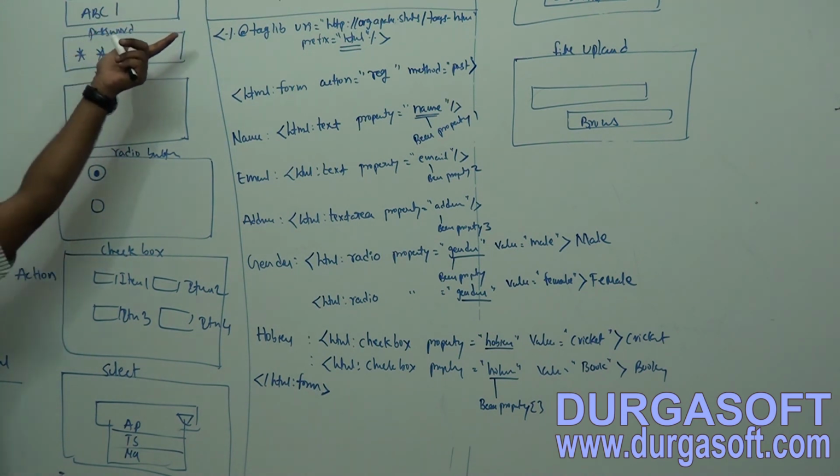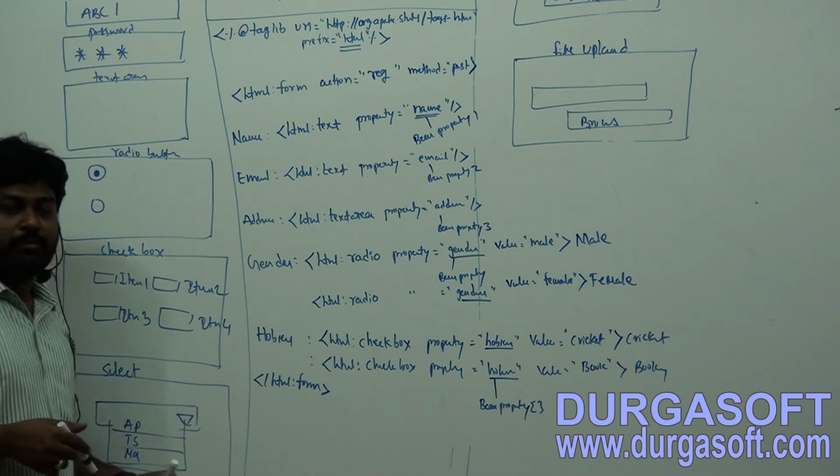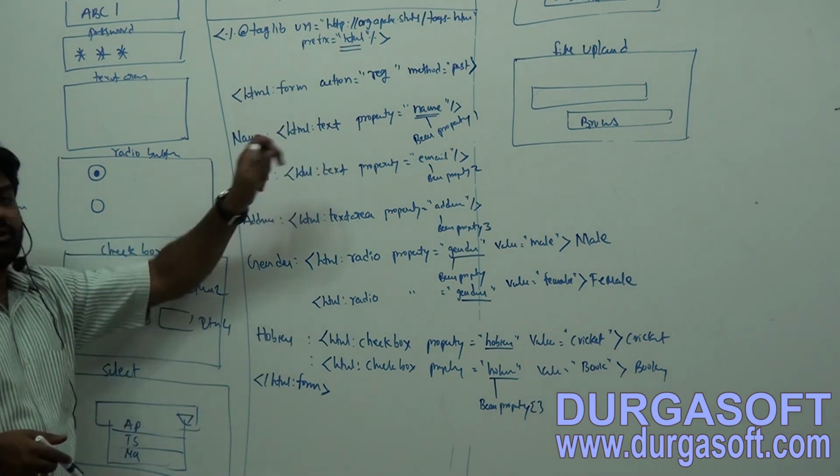In HTML5 I think we have a date type that automatically provides a calendar pop-up, but we don't have that up to HTML4. In Struts also we don't have any particular date tag. If you require a date, you can configure it by using a simple text box.